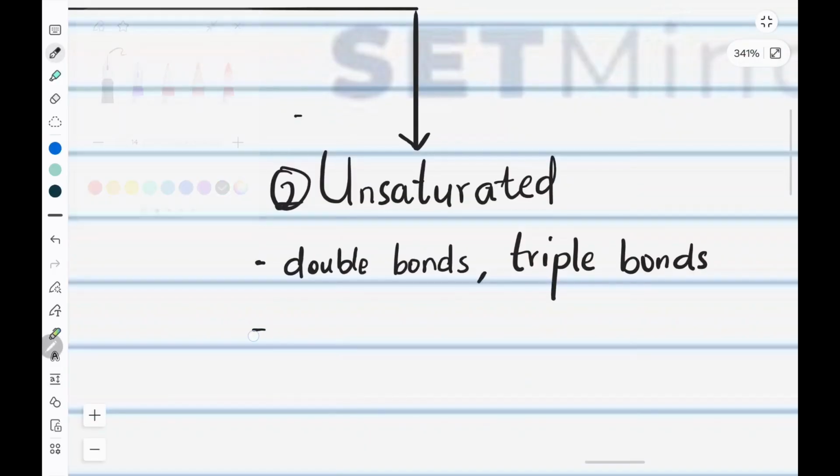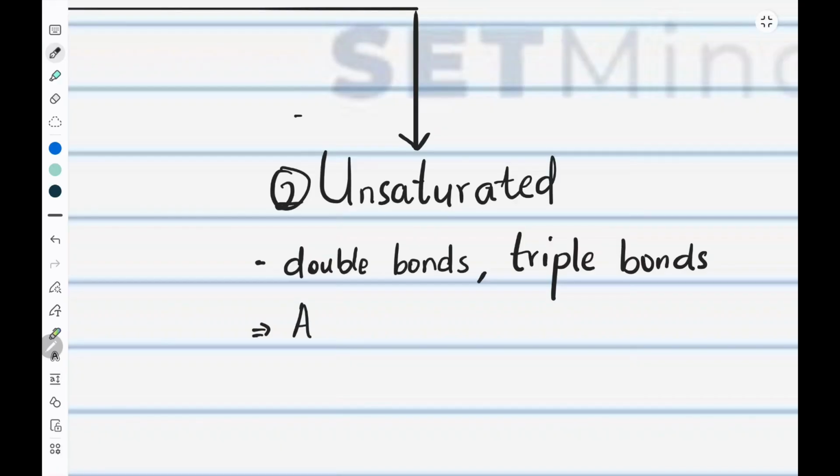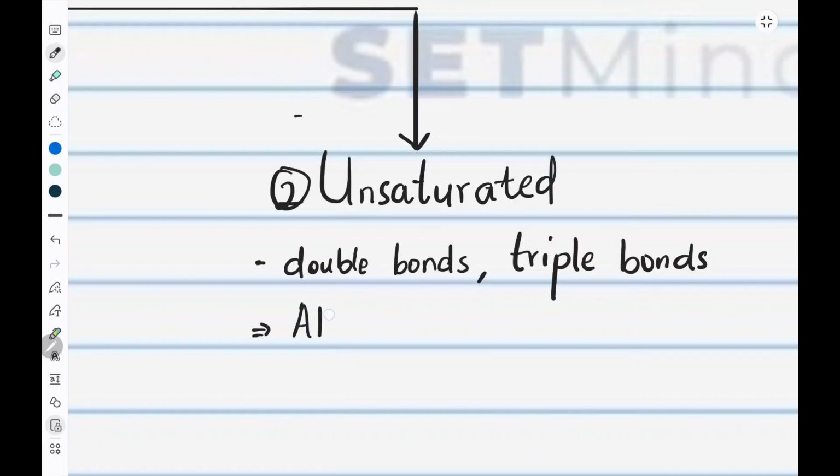So here we're talking alkenes and alkynes. When we say something is an unsaturated hydrocarbon, it means that it contains at least one double or triple bond.